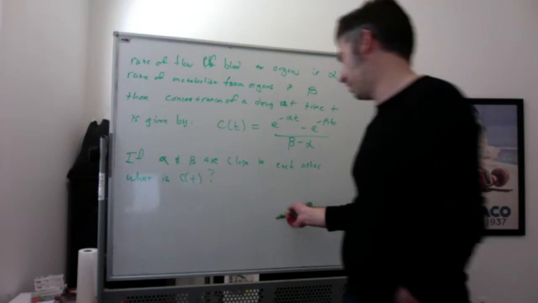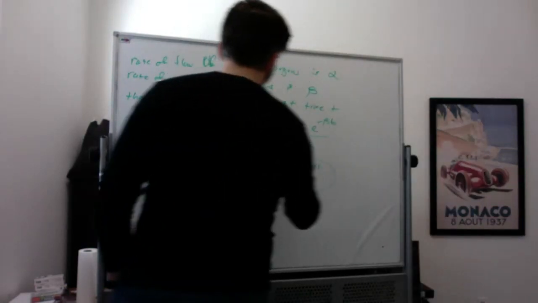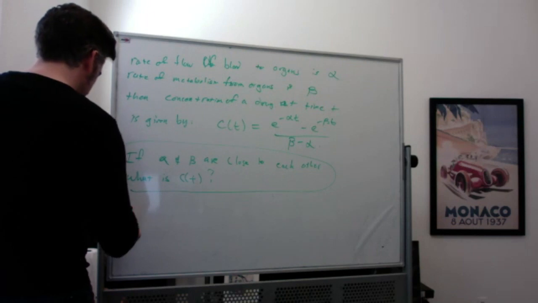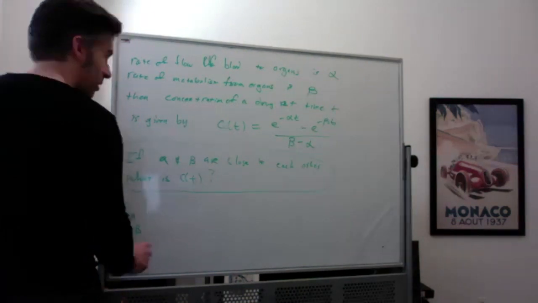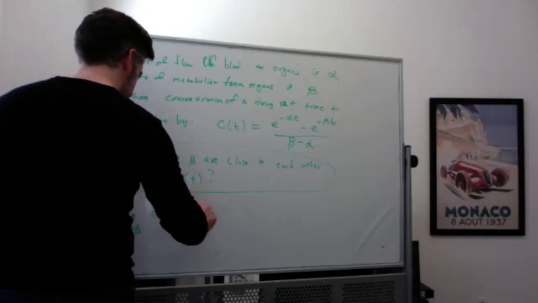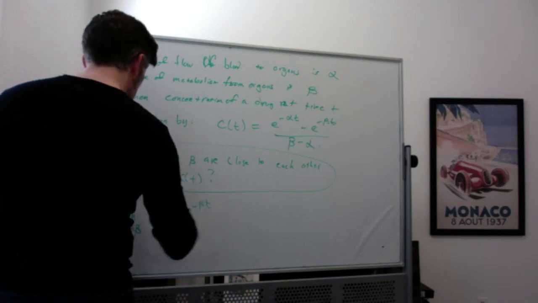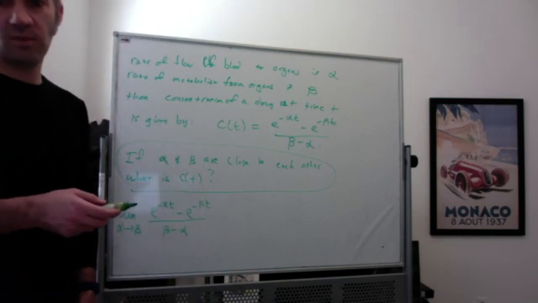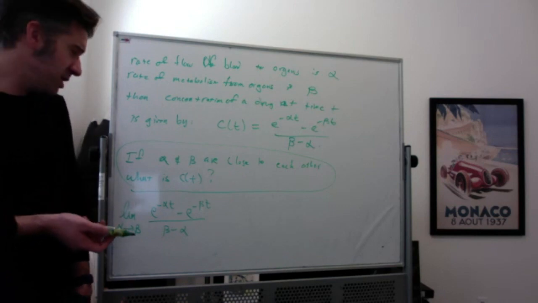So this question, phrased kind of oddly, is really asking, what's the limit as alpha approaches beta of this expression? It seems a little bit weird, but we can use L'Hopital.